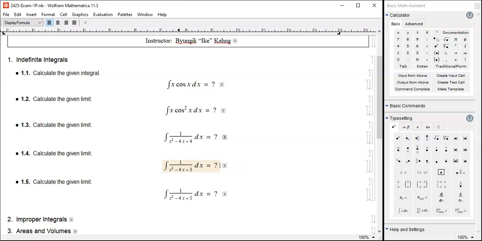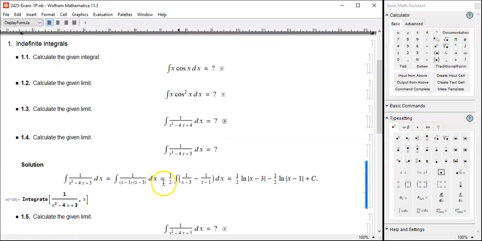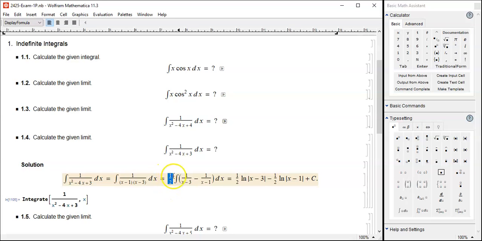Okay. Next problem. Now this time you have to do some factorization of the denominator, and that'll lead to the decomposition by partial fractions. Okay, let's go. We have 1 over this quadratic trinomial, factor it, and then let's forget about this part for the time being, and you have this factor and that factor, so you gotta have a subtraction. So 1 over x minus 3 minus 1 over x minus 1, start from there.